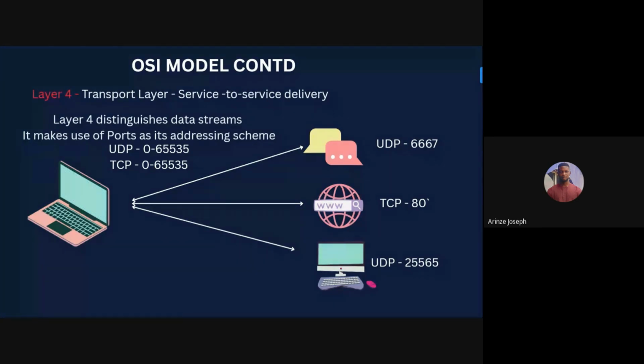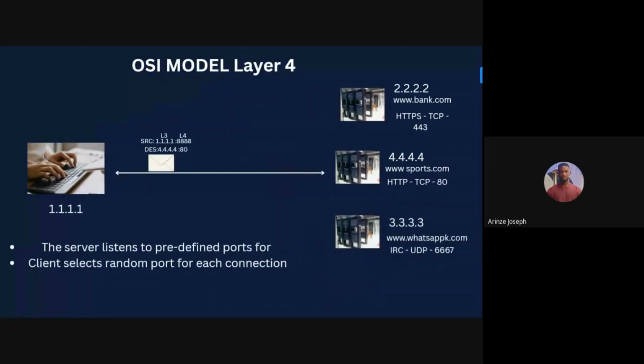You should have understood that there are what we call ports in networking, those ports deliver services, and each port delivers specific services, like port 80 for HTTP and port 443 for HTTPS. So let's go ahead. This is OSI model layer 4.